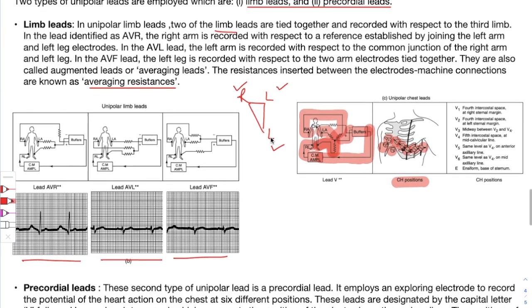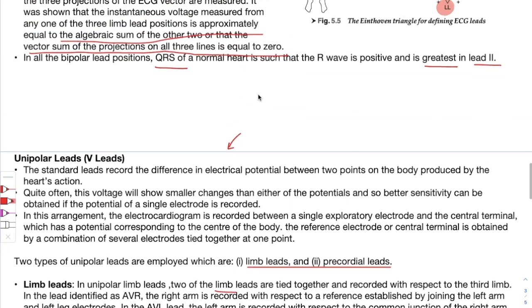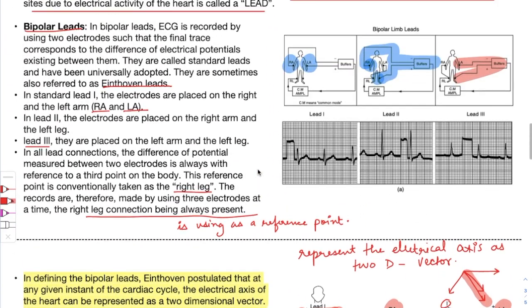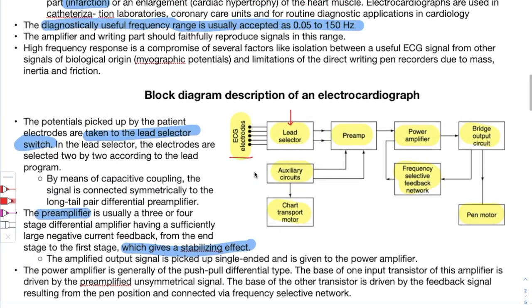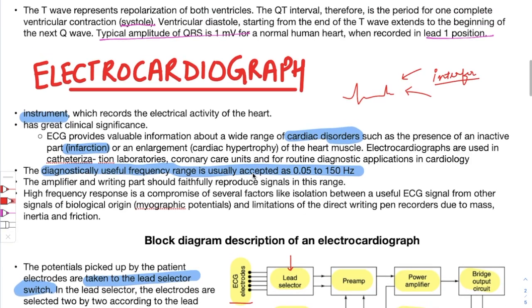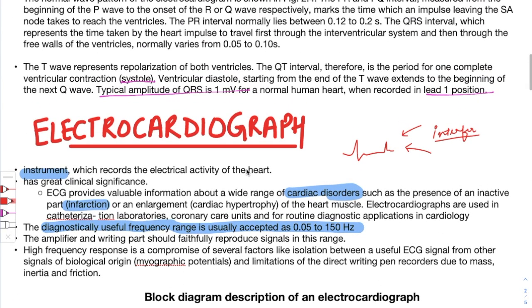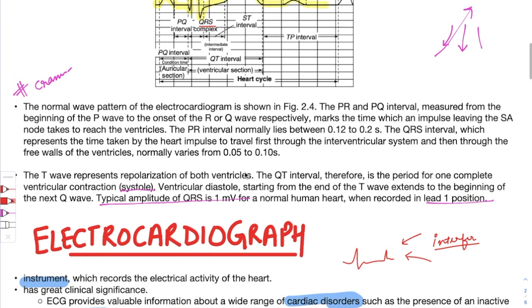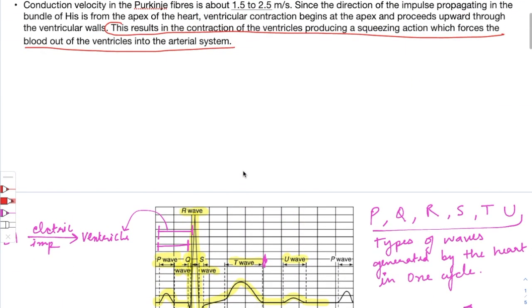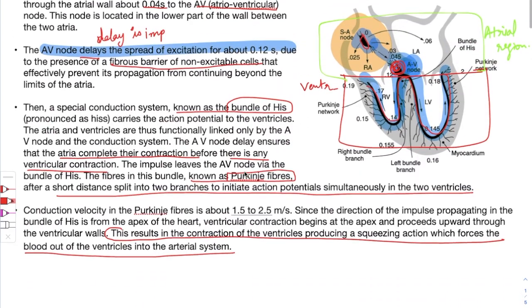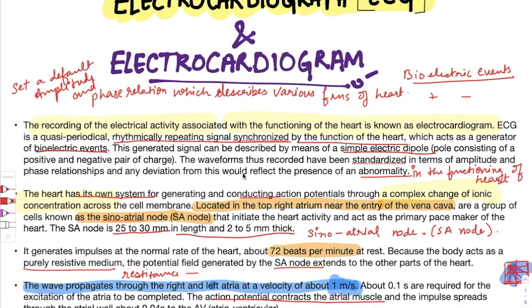So this is all about the electrocardiograph and the electrocardiogram. This is all the theory portion, so mainly we have to learn all these things, and this is all from my side about electrocardiogram and electrocardiograph.